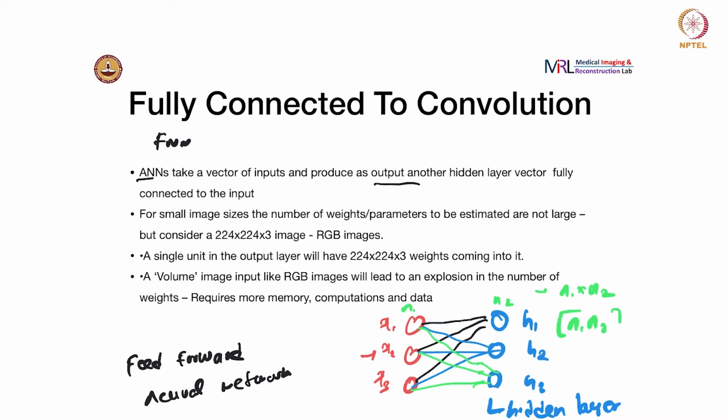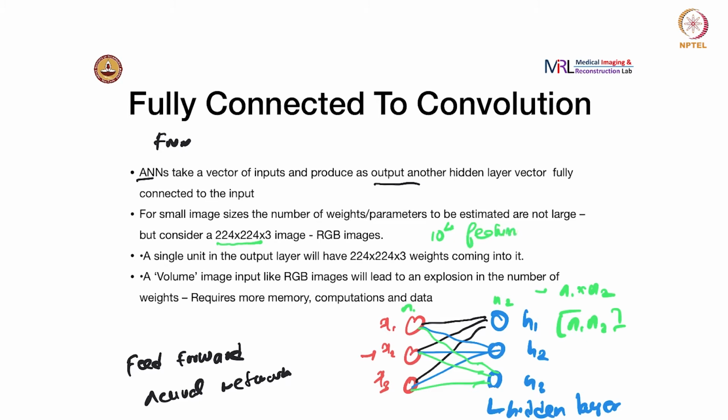Okay. So now, let's consider an input which is actually an image. For instance, let's say RGB images. These are images that you find on the internet, that you take with your cell phones, etc. These have the size 224 cross 224 cross 3. So this is basically of the order of 10 raised to 4 features, right?